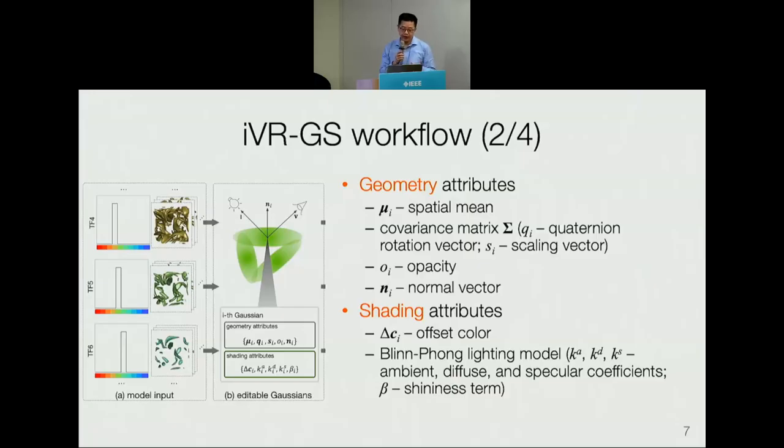In terms of shading, every basic model has a palette color, and for each Gaussian splat we learn what we call an offset color, which lets it deviate from the reference color. We also use the Blinn-Phong lighting model, so the standard ambient, diffuse, specular, and shininess coefficients can be learned as well.